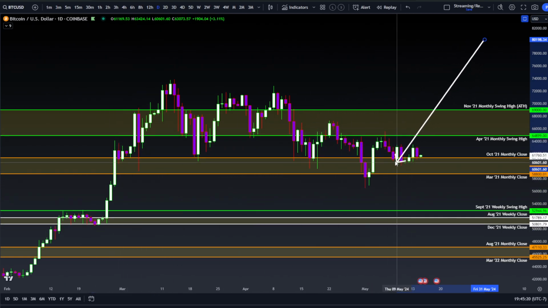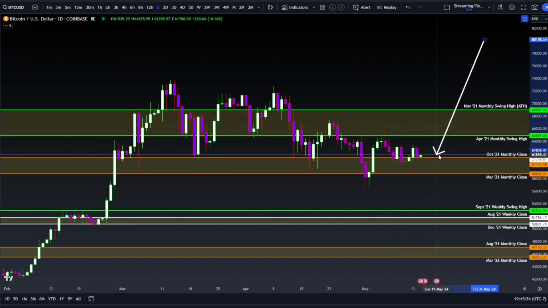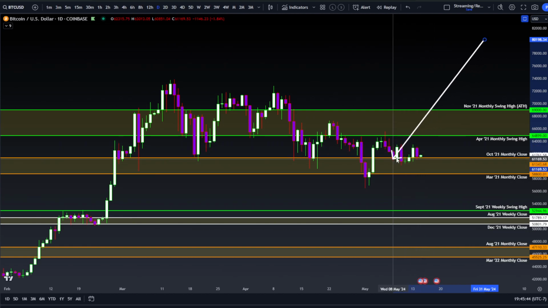So referencing these prior cycle support resistance areas is going to be key until we do see a clean breakout from them. And even then, they're still going to be relevant if Bitcoin were to come back to them anytime soon. In this case, October of 2021, monthly close is coming in at 61,350, and we see that Bitcoin is trying to put in a low around this monthly zone.